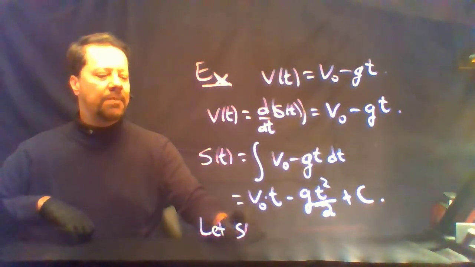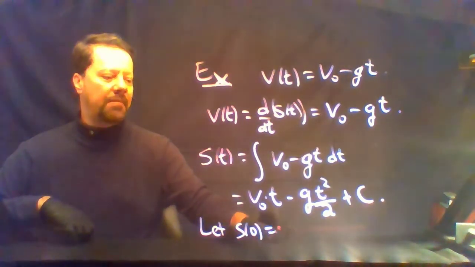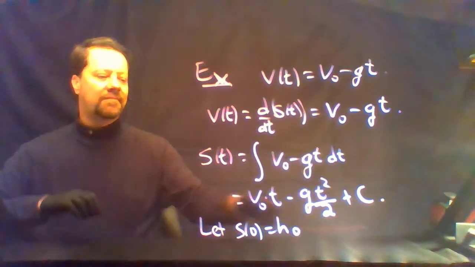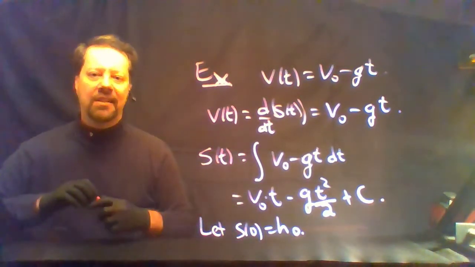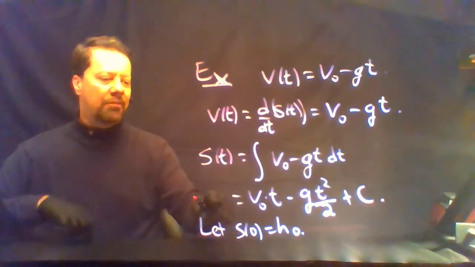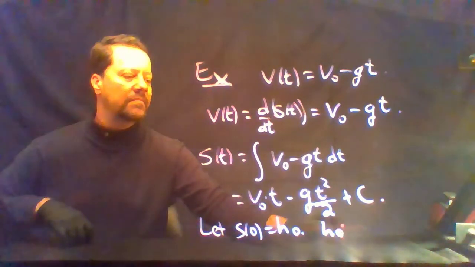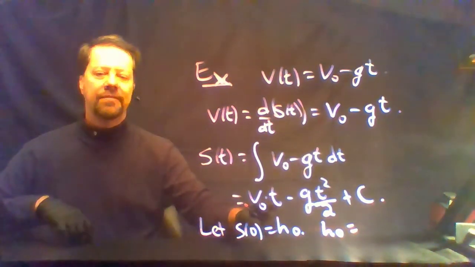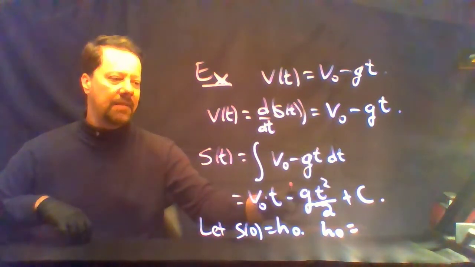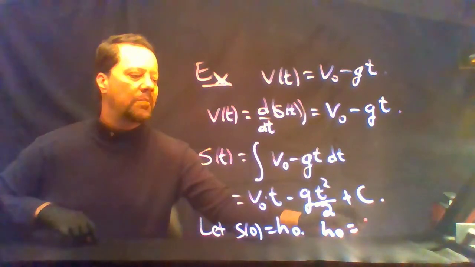If the initial position at time 0 is some initial height, h0, what does that tell us about the constant of integration c? h0 will be the height at that time, time 0. When we plug in 0 for t, we end up with v0 times 0 minus g times 0 squared over 2 plus c.